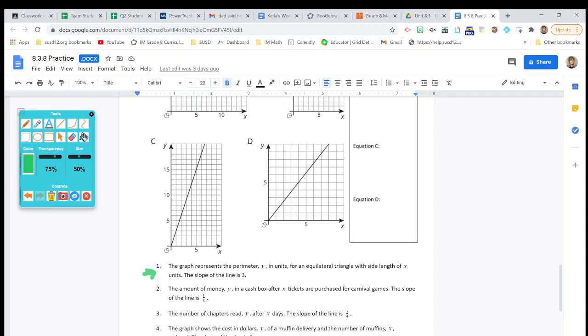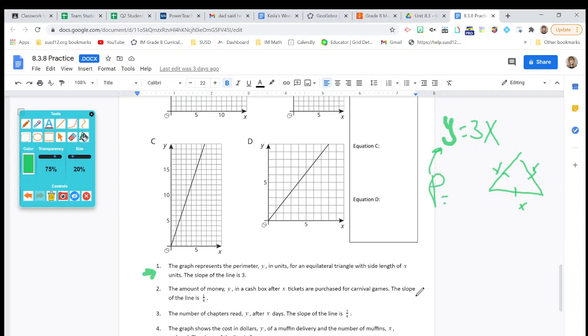Okay. So then if we just quickly make an equation, y equals 3x. And that makes sense. It says x is the side length of an equilateral triangle. So this length is x, and this length is x, and this length is x. And y is the perimeter of the triangle.